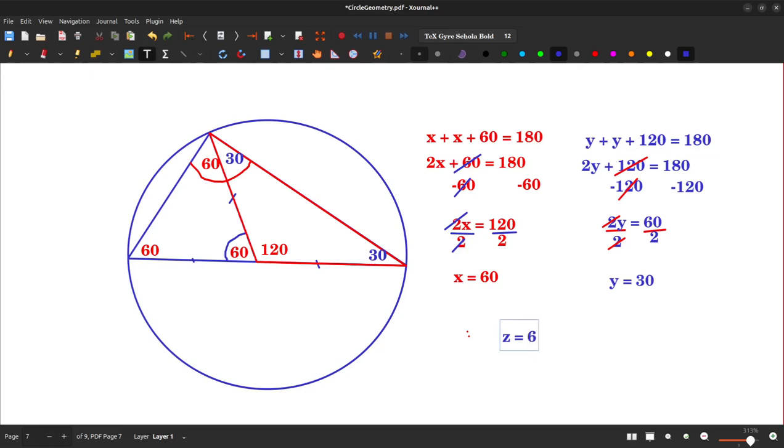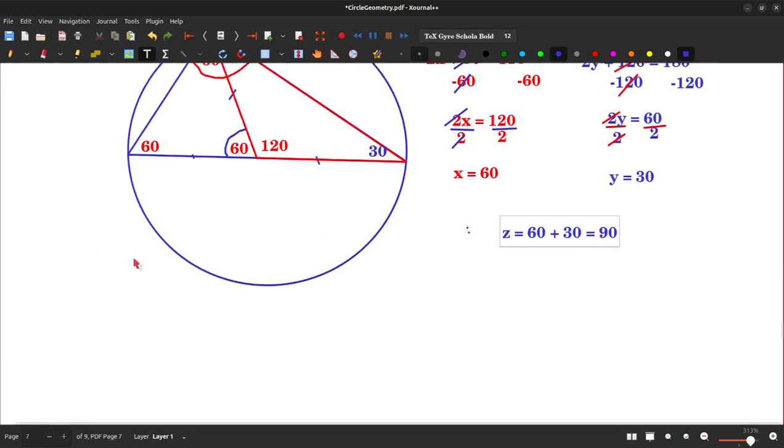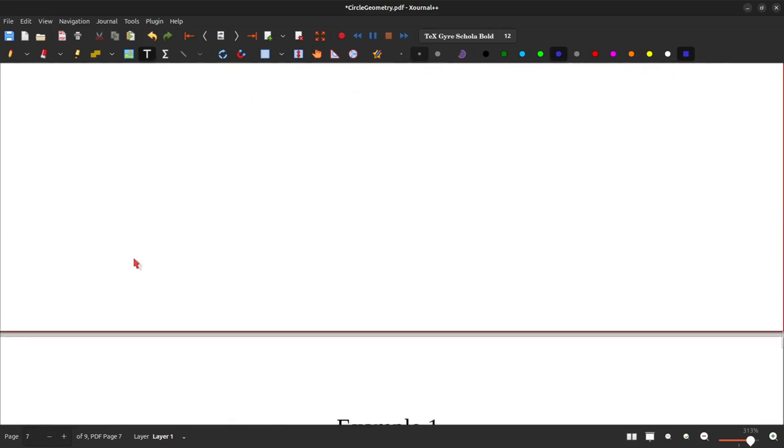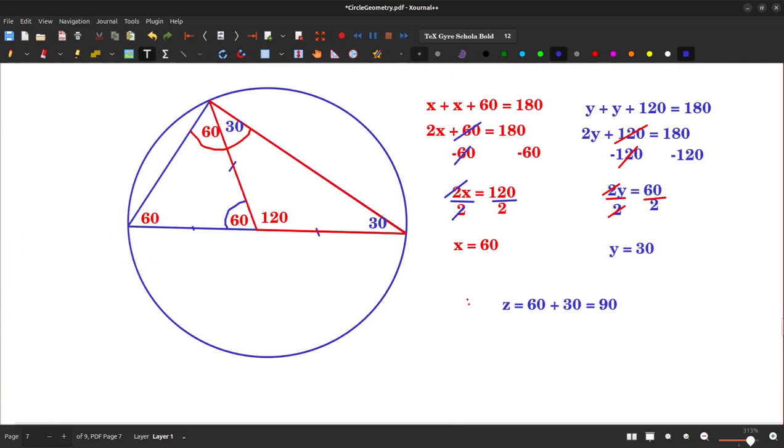The value is 60 plus 30 degrees, which should give me 90 degrees. So the angle subtended by the diameter is always equals to 90 degrees. I hope that was clear.